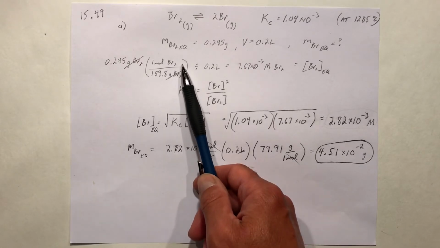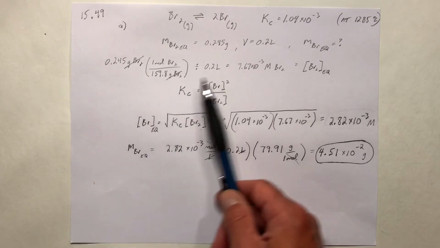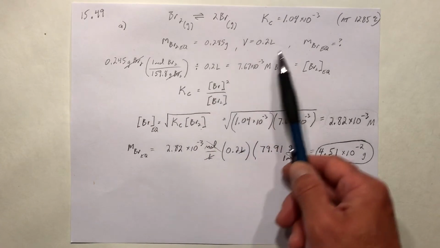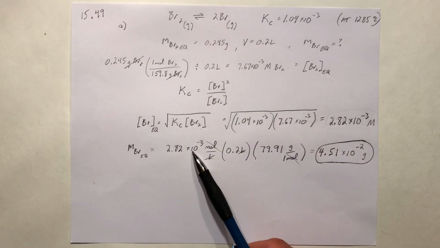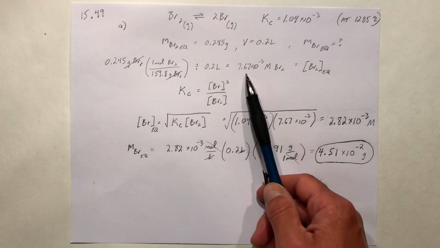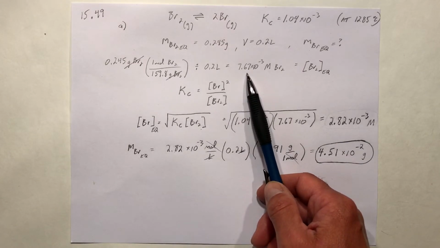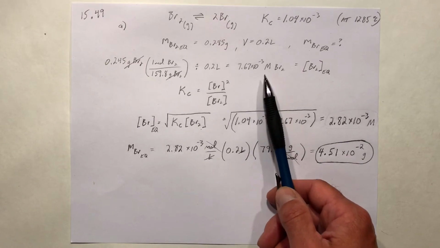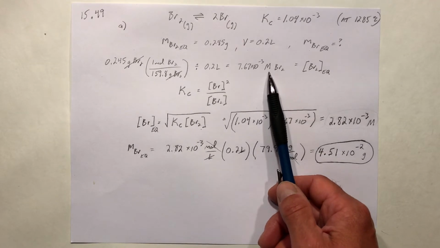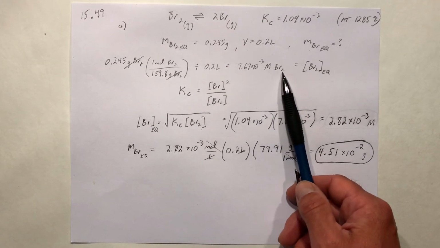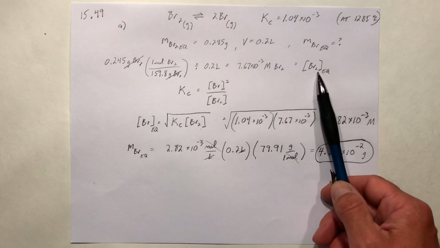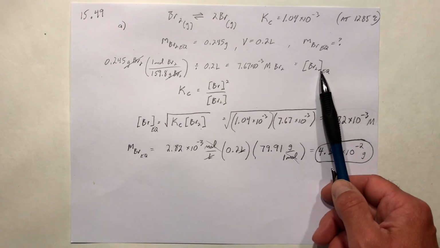Then we take the moles of Br2 that we have from this and divide by the 0.2 liters that was given in the problem. And that will give us the concentration as 7.67 times 10 to the negative third moles per liter, or molarity, of Br2. That's our equilibrium concentration of Br2.